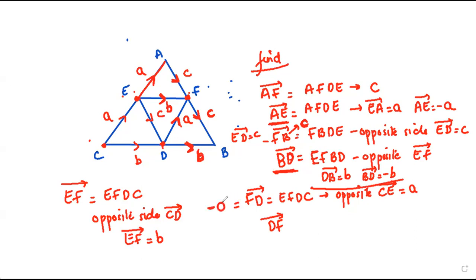It's negative A. This was D to F, that was A, so F to D will be negative. So everyone note this down.